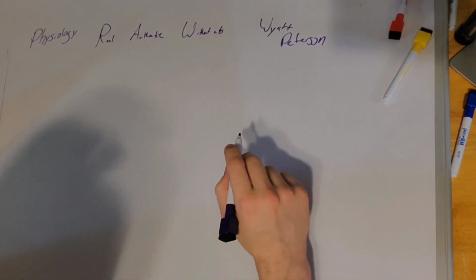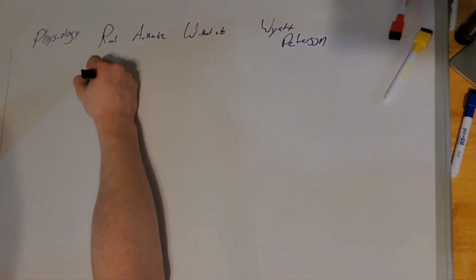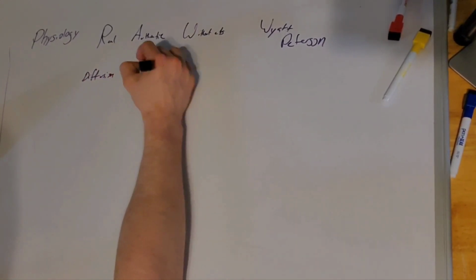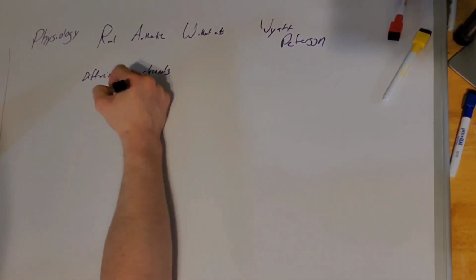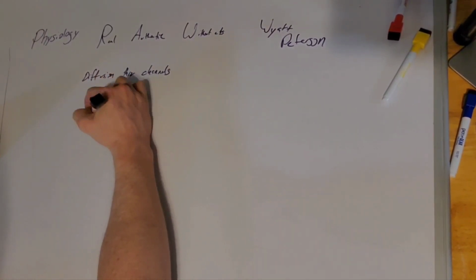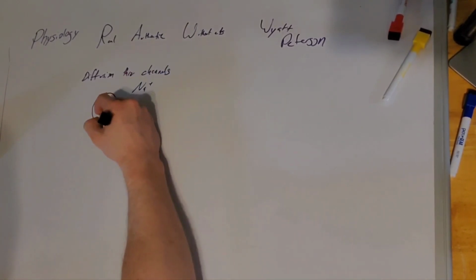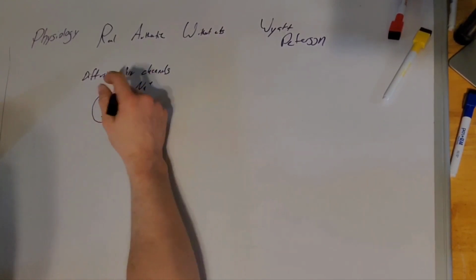Alright, so the 3 types of protein-mediated transports. We got diffusion through channels. So we're gonna make a cell here, and sodium's big out here, like a high concentration, low concentration.